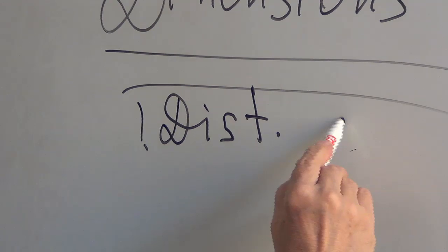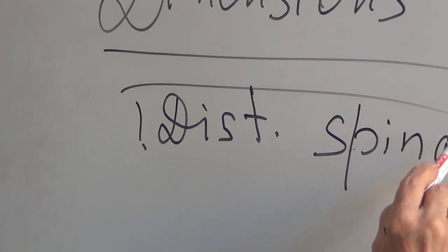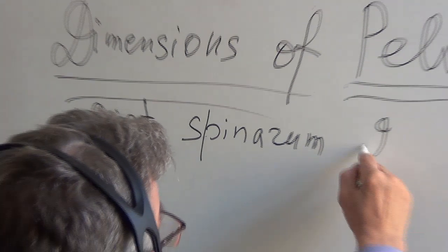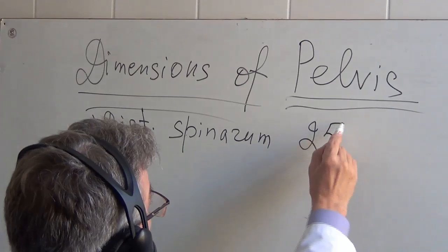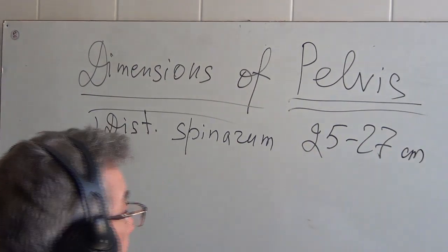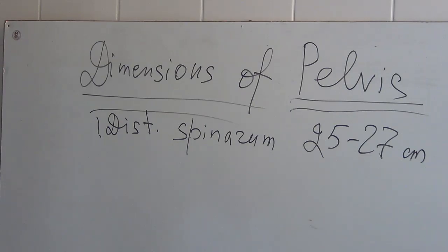Distantia spinarum usually in norm is 25-27 centimeters.